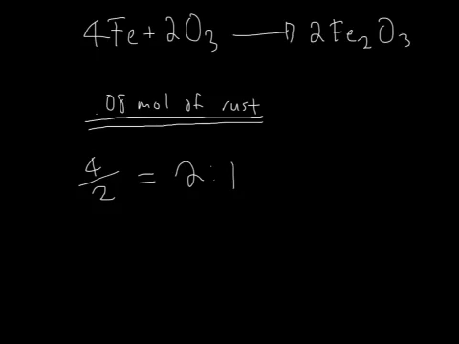Since we have 0.08 moles of rust, and it is asking how much iron will be oxidized in this process, this is just double the amount, so we take this times 2, which gives us 0.16. And that is how many moles of iron will be oxidized in this process.